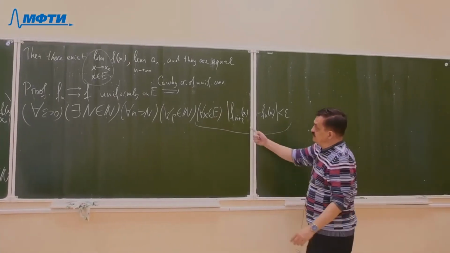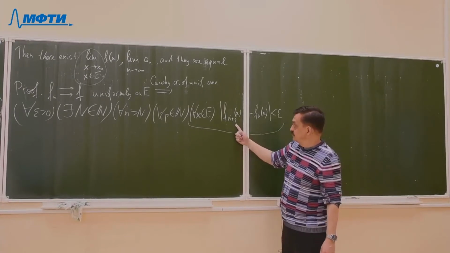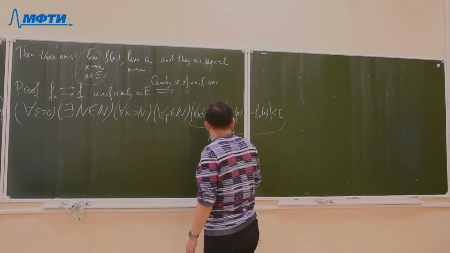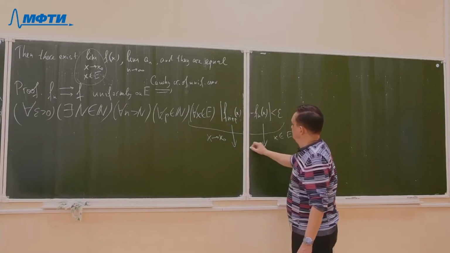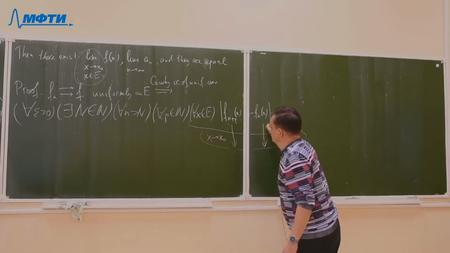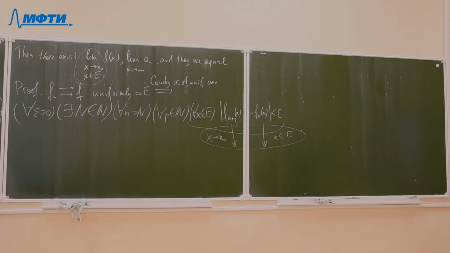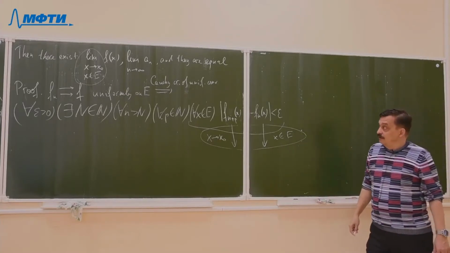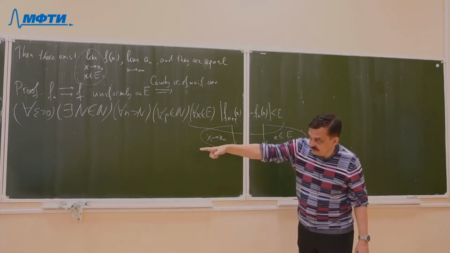I know there exists a limit of f_{n+p}(x) as x tends to x naught. So I take the limit as x tends to x naught, x in E. Then, as we know, there exists the limit.